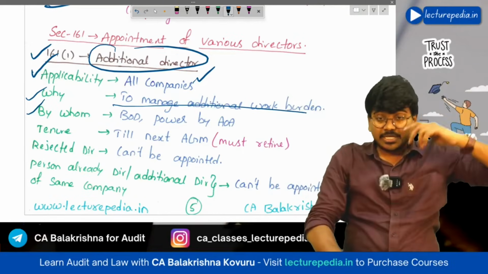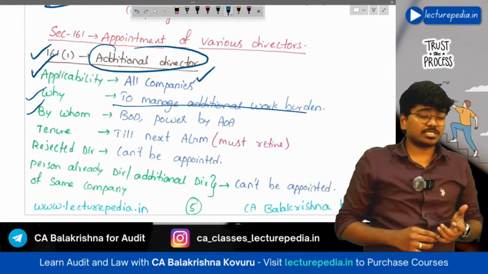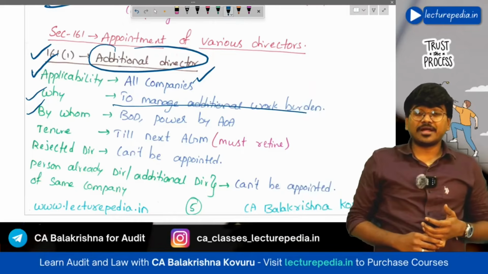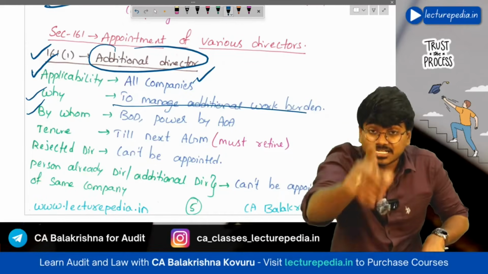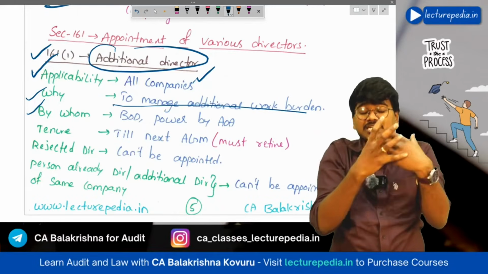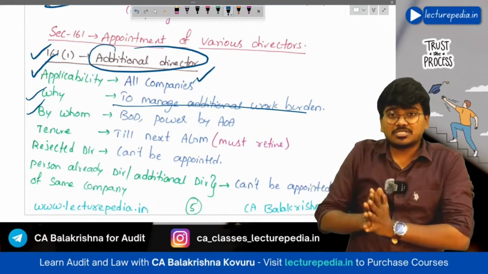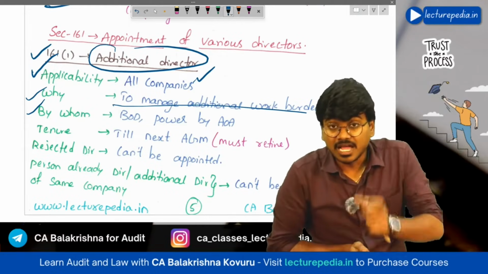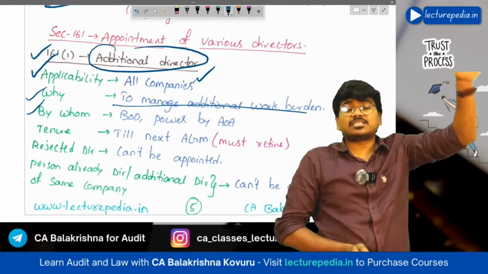At the beginning of the class, under section number 152 subsection 1, I told you that a director has to be appointed by shareholders at the general meeting. But there I also told you about certain exceptions. In some exceptional situations, the act has provided a different procedure. Additional director is one such scenario wherein the additional director will be appointed by board of directors only.